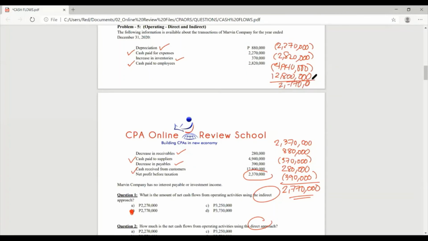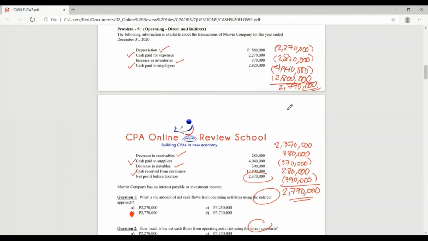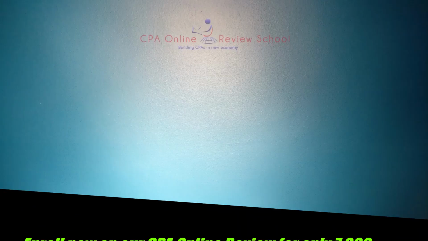Hindi pwedeng magkaiba yan. Kasi ibig sabihin, may mali ka. Huwag magkaiba yan. So our answer for question number 2 is boy talaga, 2,770,000. Okay? So yan, ipakita yung difference ng computation pero you will come up with the same answer. Okay?